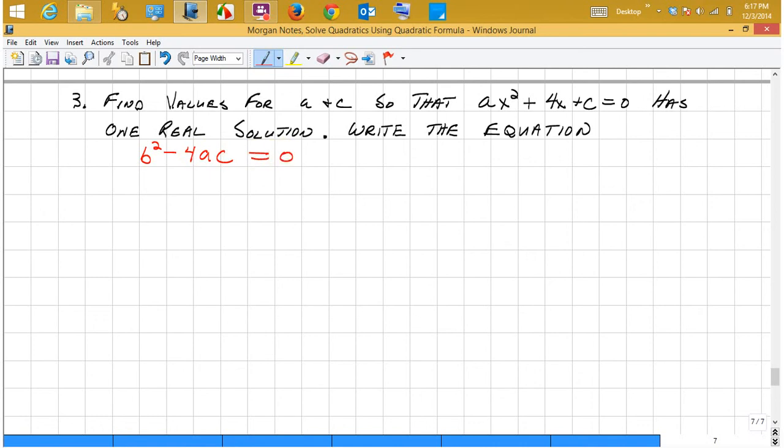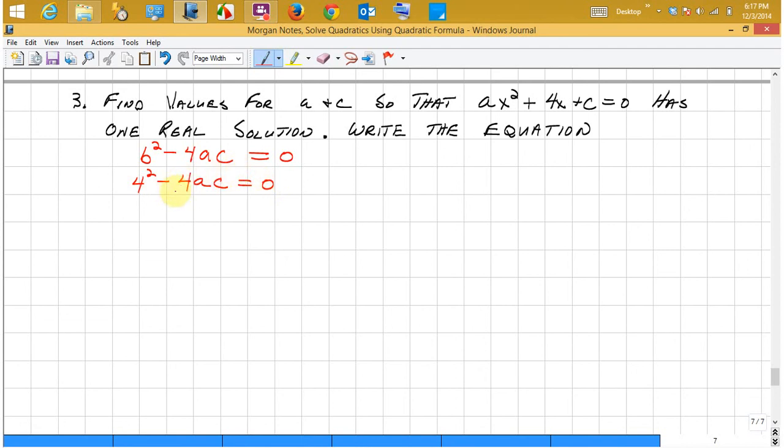So let's plug the values from this equation into b squared minus 4ac. b is 4, so I have 4 squared minus 4 times a, and of course a is just a, and c is also a variable that I don't know yet, is equal to 0. So 4 squared minus 4ac is equal to 0.